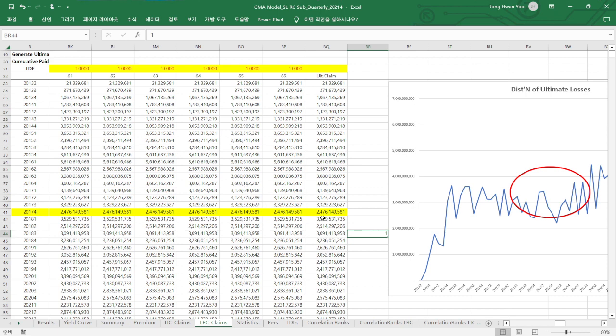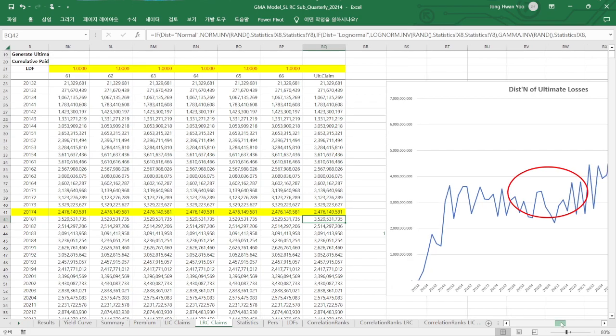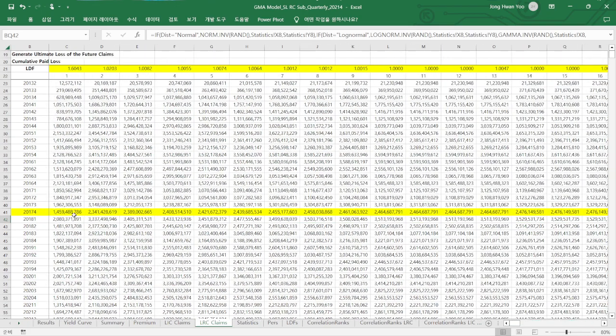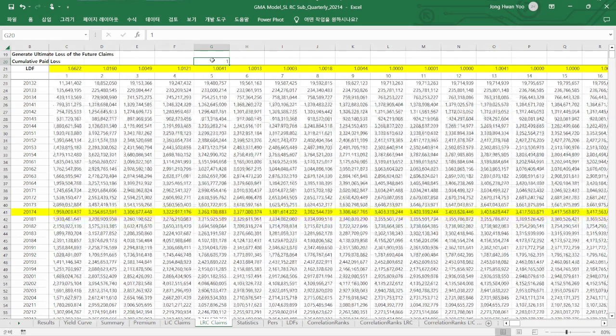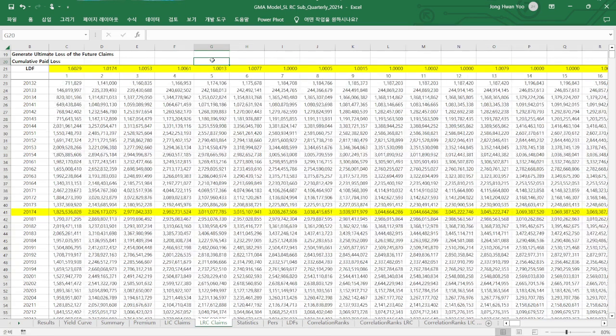So it means that this ultimate loss is now reversely calculated backwards, in terms of cumulative basis, how much it paid out for each development year. That is also a random factor to come up with the process variance or the forecasting error.